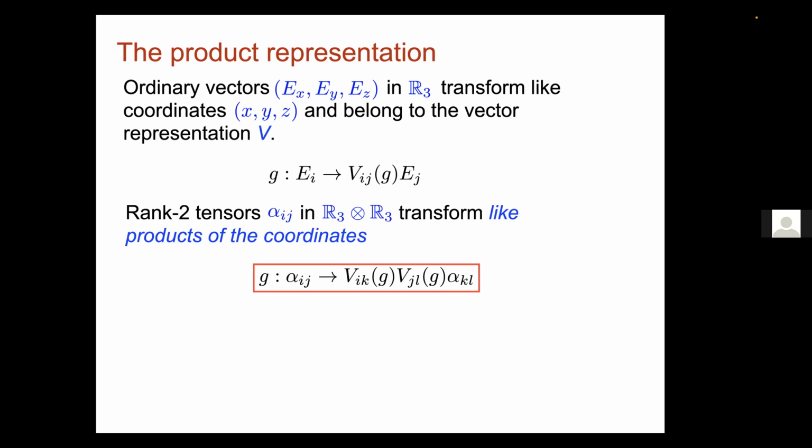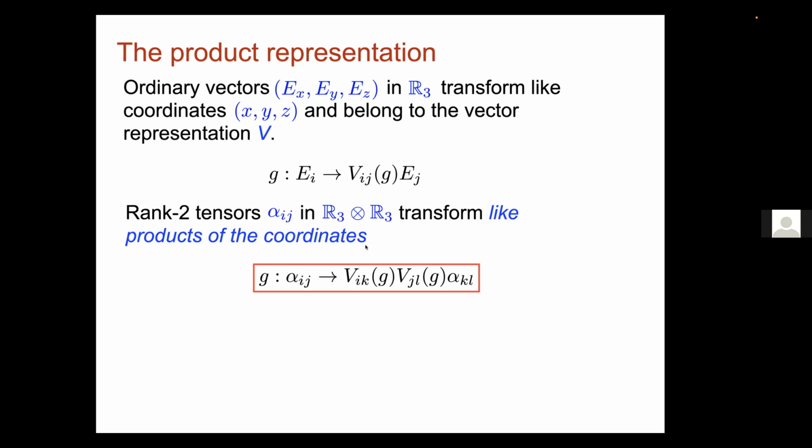On the other hand, rank 2 tensors, like the polarizability of a molecule, live on the tensor product of R3 times R3 and transform like products of coordinates. So it means that this transforms like e_i e_j.